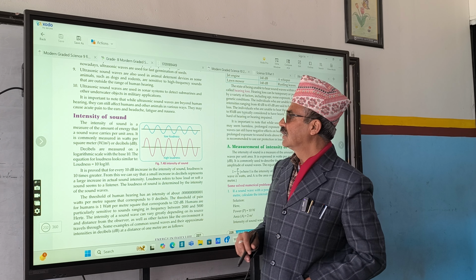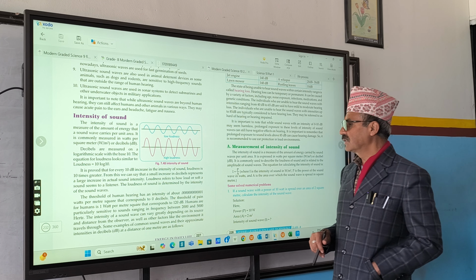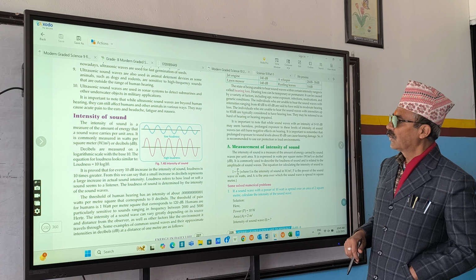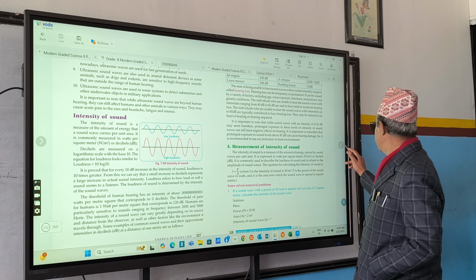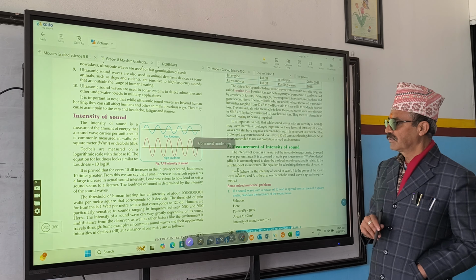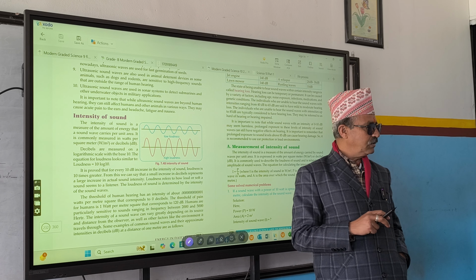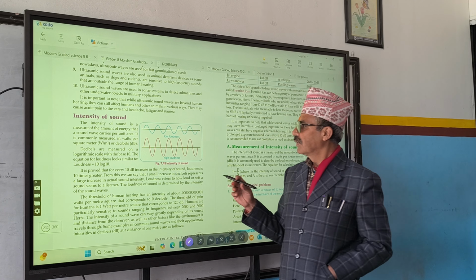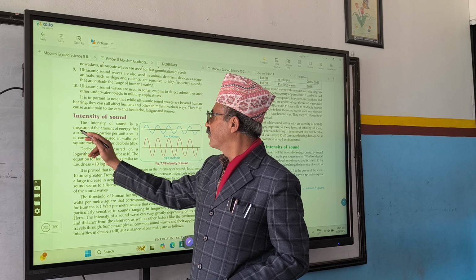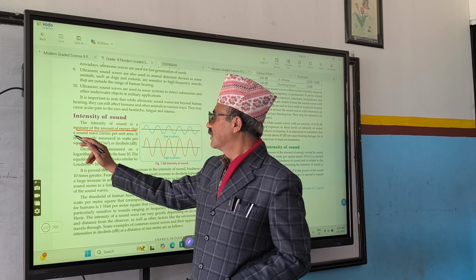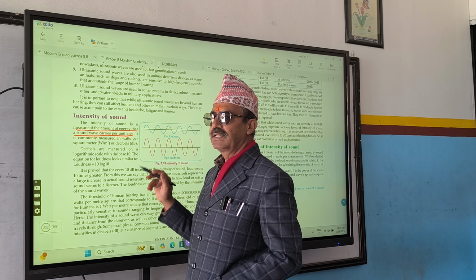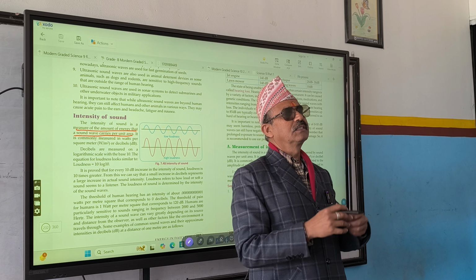Now, here is intensity of sound. Here is the definition of intensity of sound. It is the measure of the amount of energy that a sound wave carries per unit area. How much energy is it carrying?